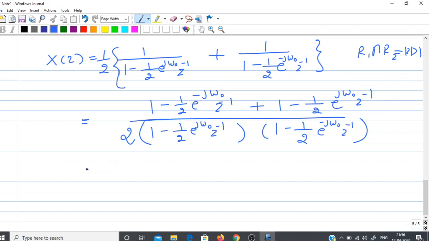Now if I simplify the numerator and combine the terms of z inverse, 1 plus 1 we get 2, then we get minus z inverse times e to the power minus j omega naught plus e to the power plus j omega naught.